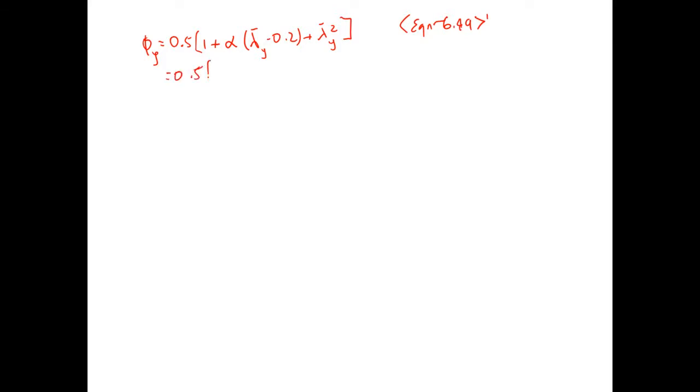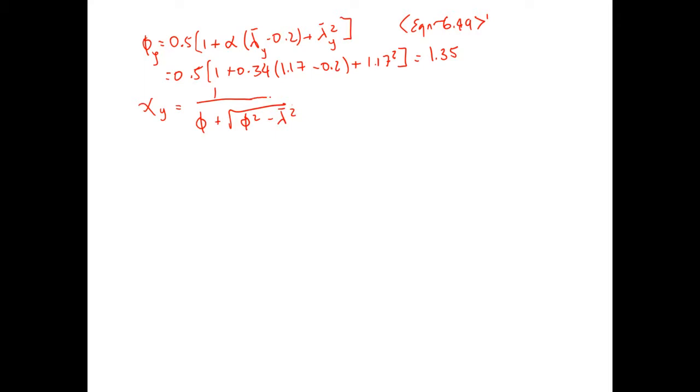So what do we work out? 0.5 into 1 plus 0.34 times the normalized slenderness value 1.17. So it's the effective value that we're putting in there, minus 0.2, plus 1.17 squared equals 1.35. And then the reduction factor for the y-axis is equal to 1 all over phi plus the square root of phi squared minus lambda bar squared.